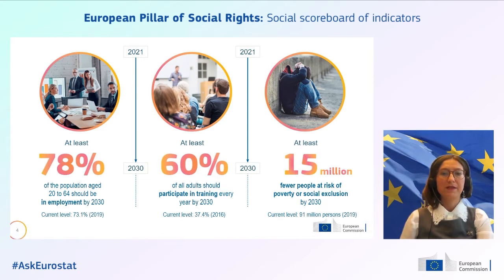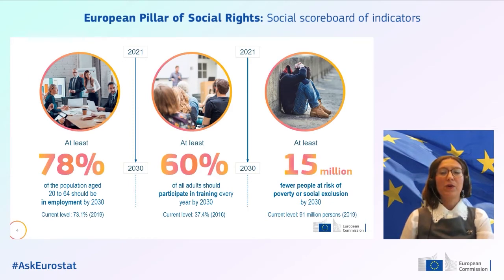Therefore, the revised deprivation indicator includes, for example, items like being able to go to socialize with friends or family at least once a month, or being able to spend a small amount of money on yourself every week, having an internet connection. So it's important to underline that this indicator has changed in order to be more adapted to the times.